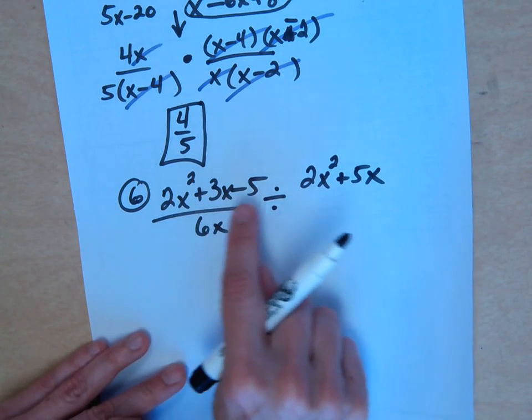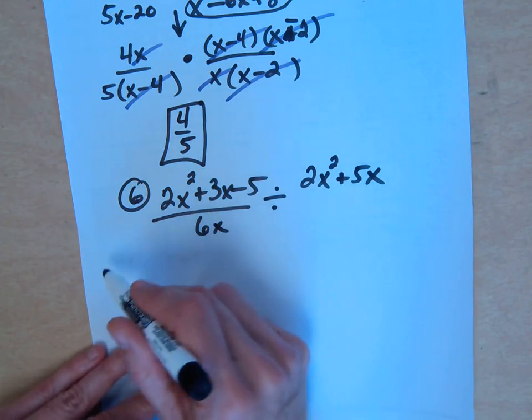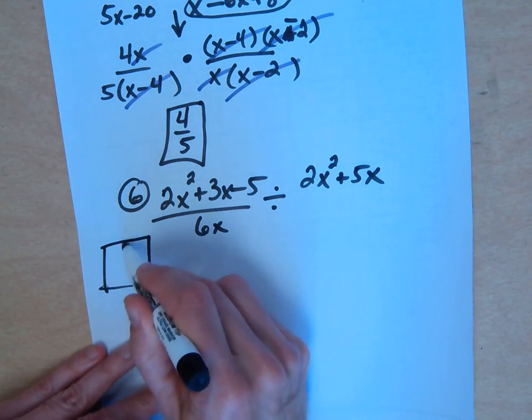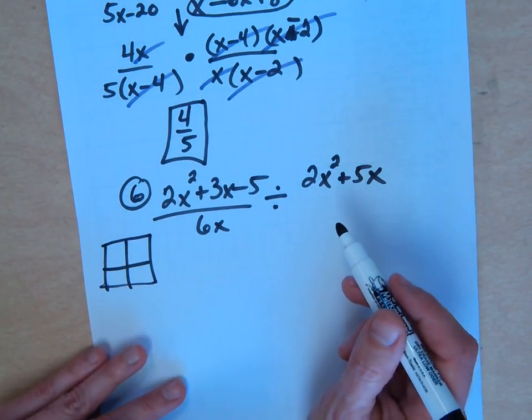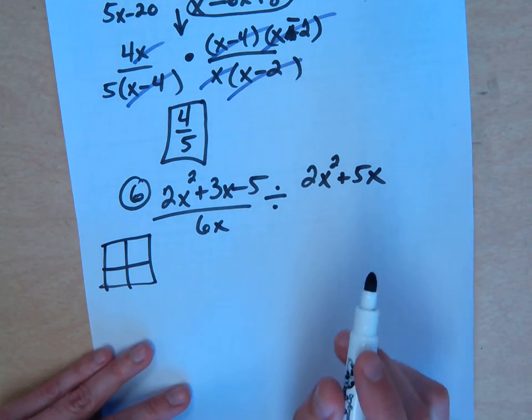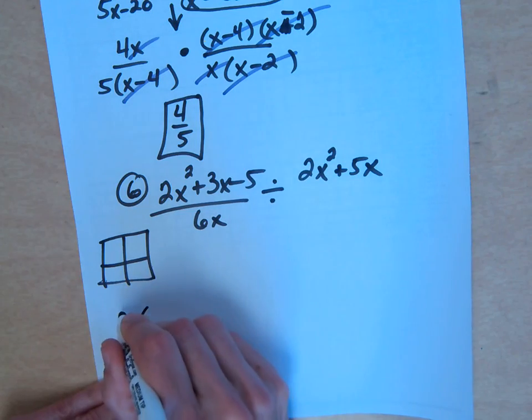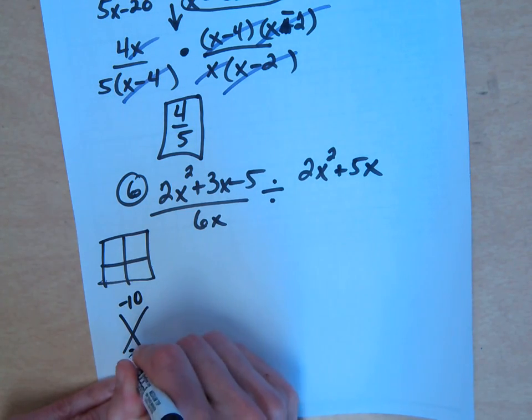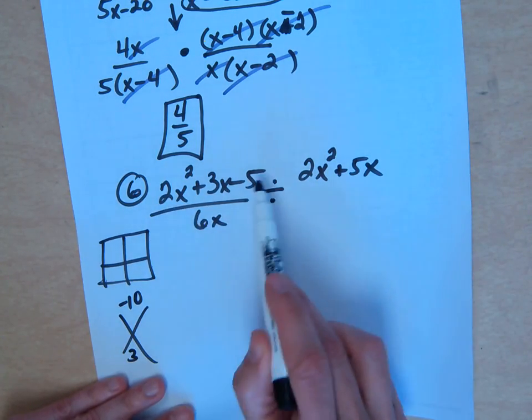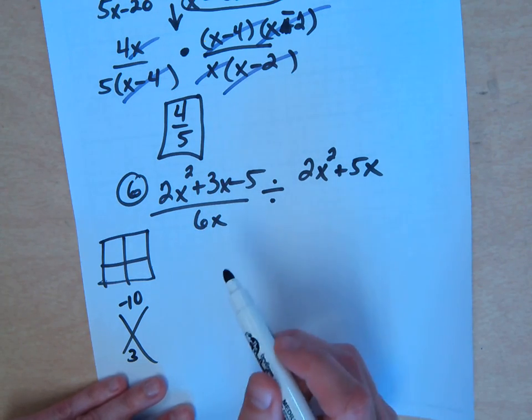So let's start by factoring this. Let's review. If you want to do diamonds and rectangles, it's fine. You have to be careful on this though. You can't do the shortcut. So you have to say what multiplies to negative 10 and adds to 3, because you have to multiply the first and the last together.